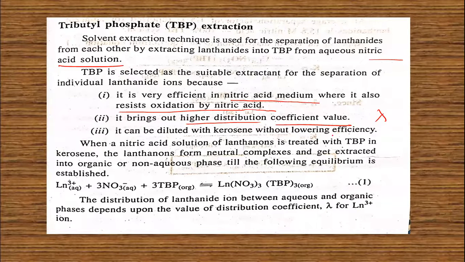And it can be diluted with kerosene without lowering efficiency. We cannot use pure TBP as a solvent here because the cost of the TBP is very high. So we have to dilute it with kerosene without lowering the efficiency.